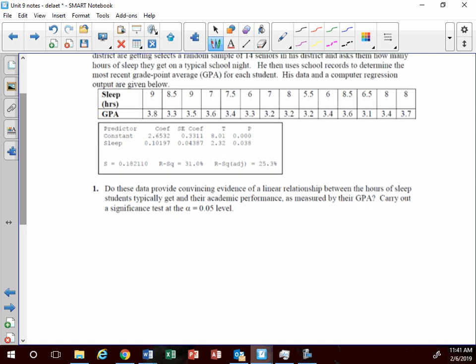I want you to think about checking your conditions. We are going to do a t-test for slope here. Do you think you need to name what test you're doing? All right, so I want you to check your conditions, write your null and alternative, and then let's stop there and make sure everybody's okay with those.